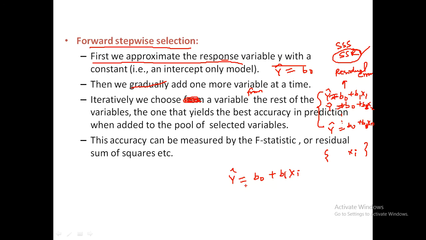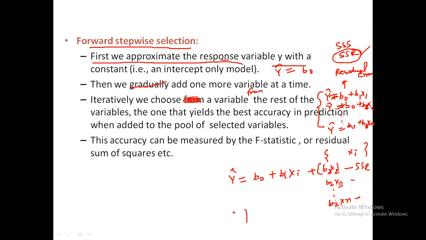Now in the next iteration, you add one more term, B naught + B2 x2, B2 x3 and B2 xn. And again you find SSR from each model, compare it, whichever gives the least amount of residual error, that particular x variable will be added in the model.